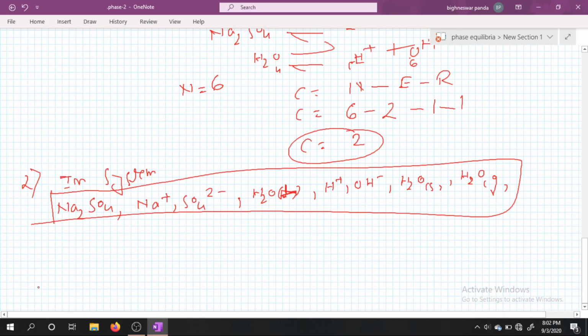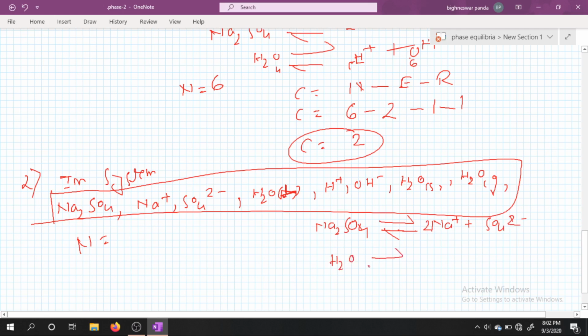So we are going to calculate the number of components. First we have to calculate the number of species. The number of species is the number of constituents present in the system. Since Na2SO4 is present in the system, that means Na2SO4 is partially ionized. Another equilibrium is also present.